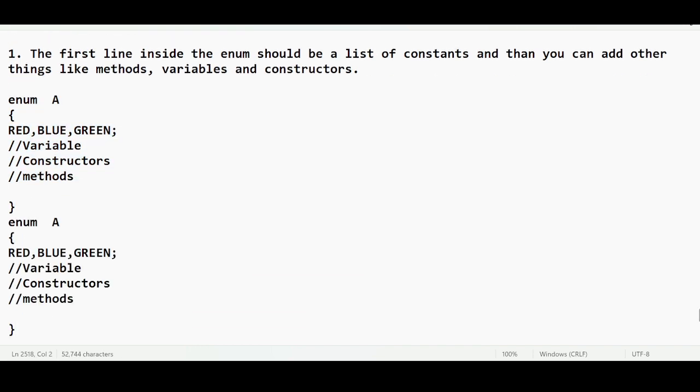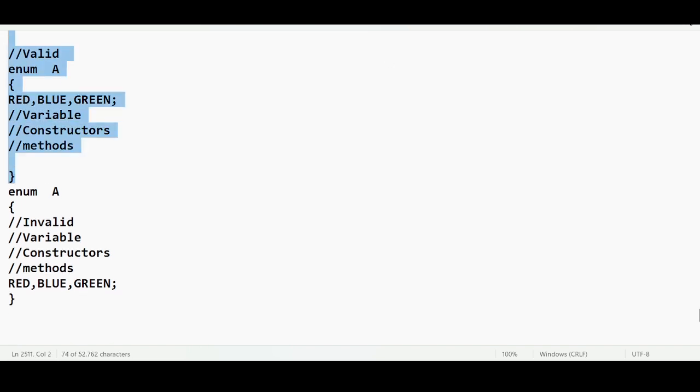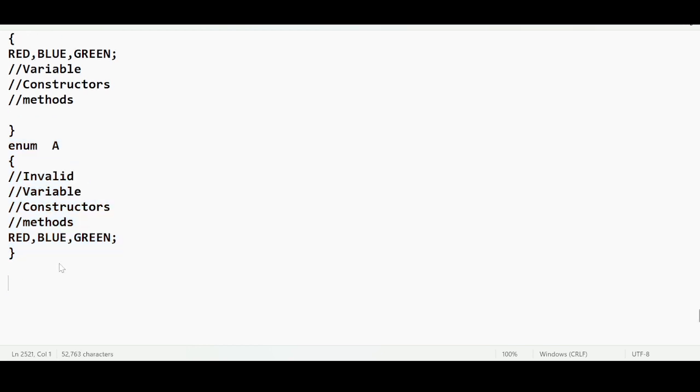And if you talk about this other one, there is a clear-cut violation because the constants are not in the first line, which means it is invalid. Making sense?